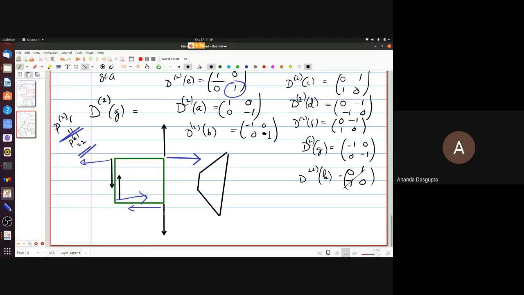A is this reflection, would have pointed this way, ends up pointing... Oops. Again, keep on forgetting simple stuff. Right, this is what it would be.